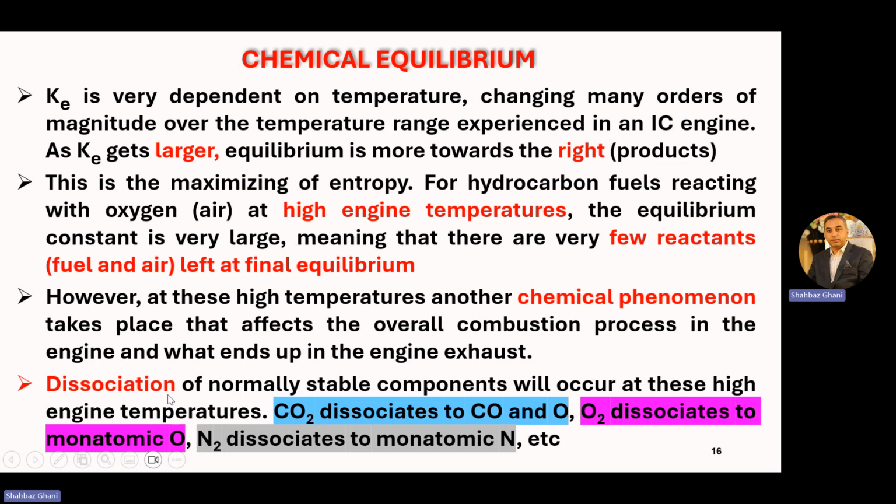It is at high temperatures. Your carbon dioxide dissociates to carbon monoxide and oxygen, oxygen dissociates to monatomic oxygen, and nitrogen dissociates to monatomic nitrogen. At high temperature, we get this phenomenon.